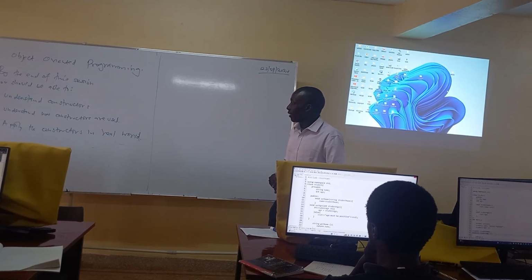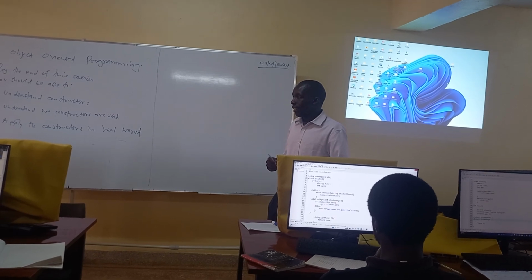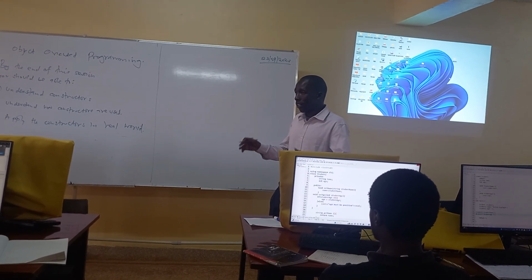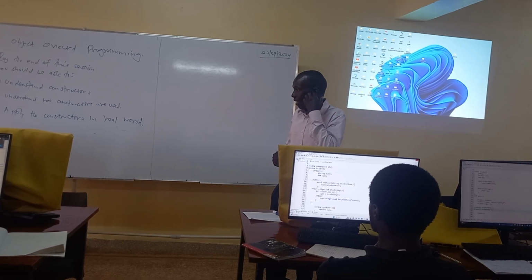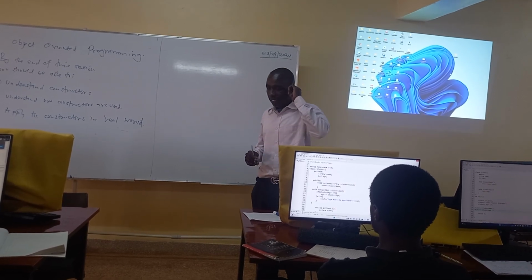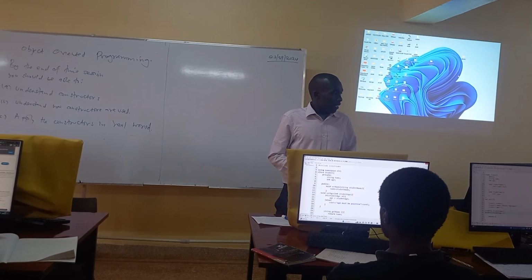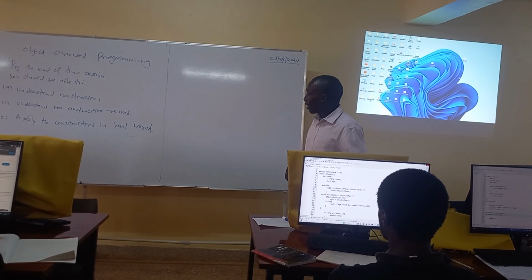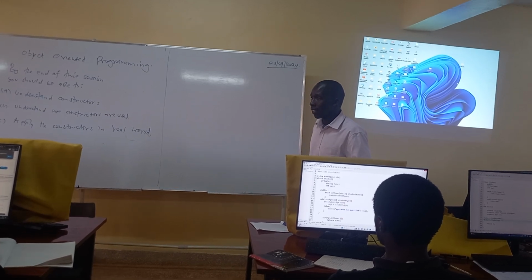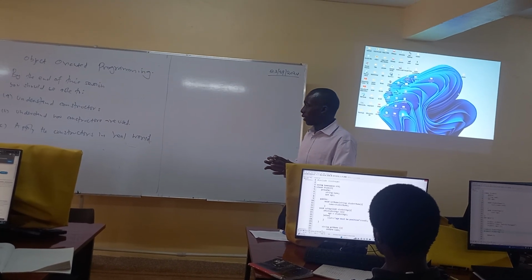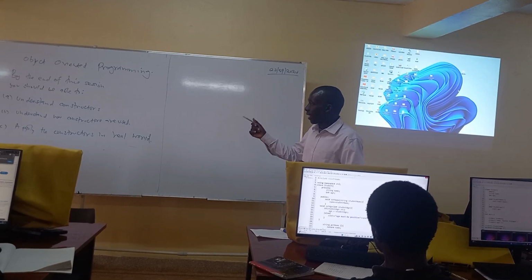Again, we agree that a class is a blueprint of a block of objects. An object is an instance of a class, right? And again, we agree that the name of a class must begin with an uppercase. For example, we had a class Students.